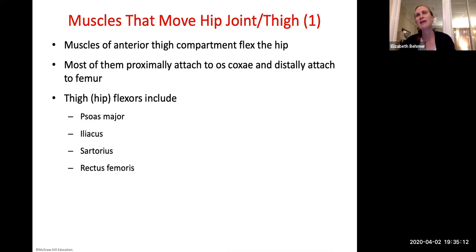So flexing the hip would be as if you were doing a sit-up and you sit all the way up. That's hip flexion, so decreasing the angle between your body and your leg. Most of them attach proximally to your os coxae and distally to the femur. So these are your thigh flexors: your psoas major, iliacus, sartorius, and rectus femoris will all flex your hip.